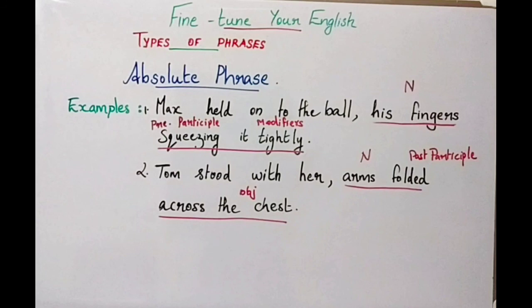So here also the absolute phrase condition is satisfied. Noun followed by past participle, and followed by the past participle there is the object. And it functions as a modifier for the clause Tom stood with her.